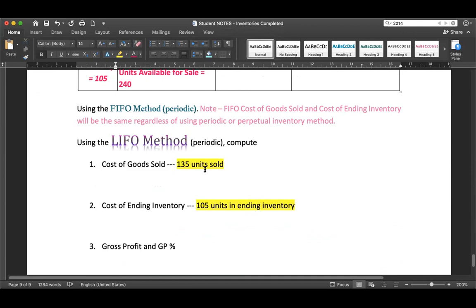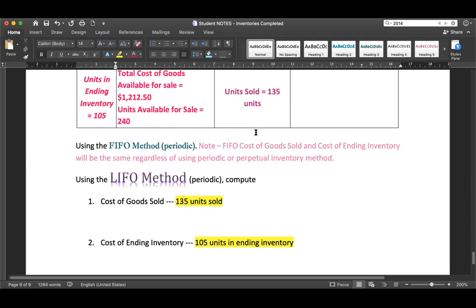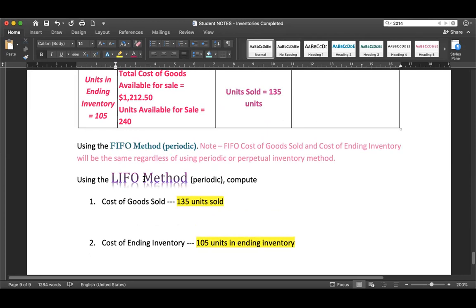It does not make any difference if you're using periodic or perpetual. The cost of goods sold and the cost of the ending inventory will be the same. So in order to save a little bit of time, I'm not going to go over that again. If you want to see how to use the FIFO method, go to the first video on inventories.